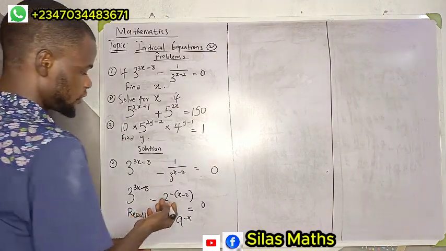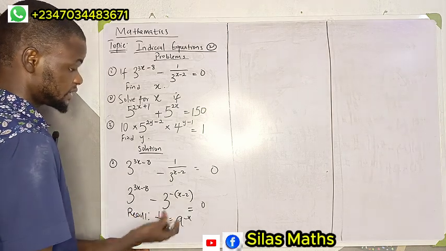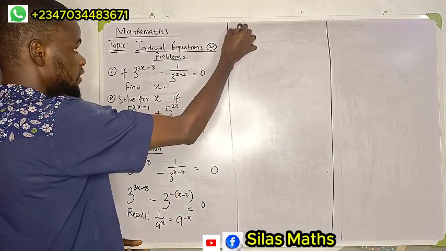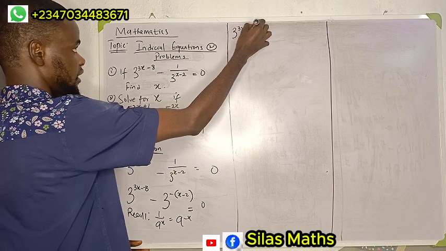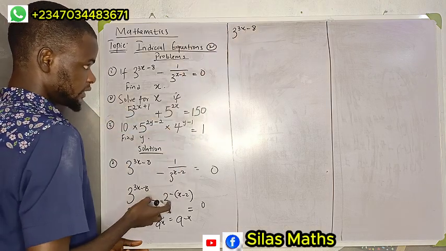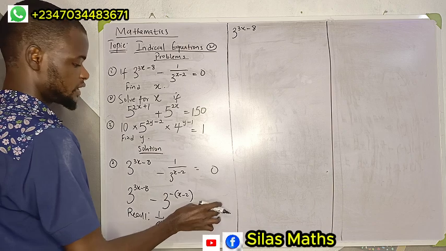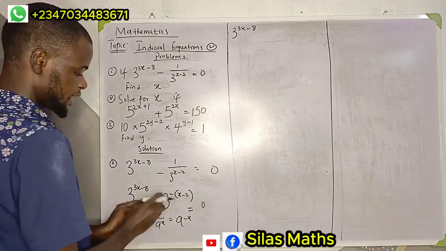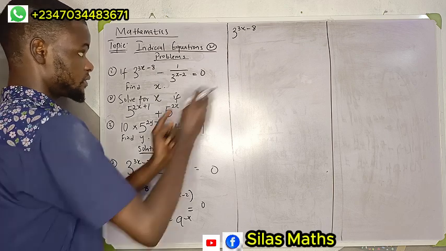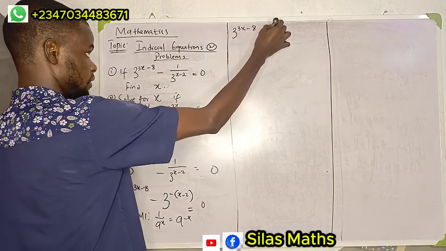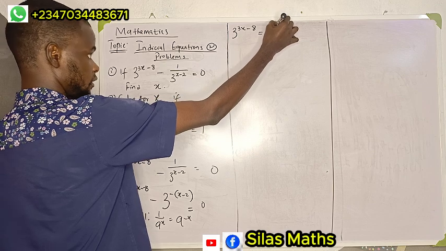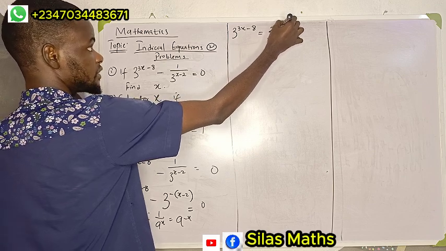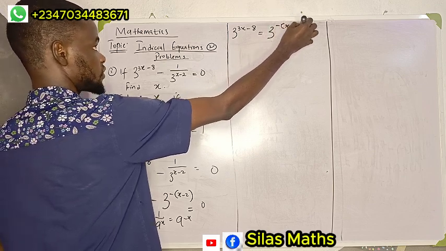So solving further, we can say that this is the same thing as 3 to the power of 3x minus 8. Then this can cross over to the other side of the equation because this is an indicial equation. So taking negative 3 to the power of this to the other side, it becomes positive. So I'm going to have 3 to the power of negative into bracket x minus 2.